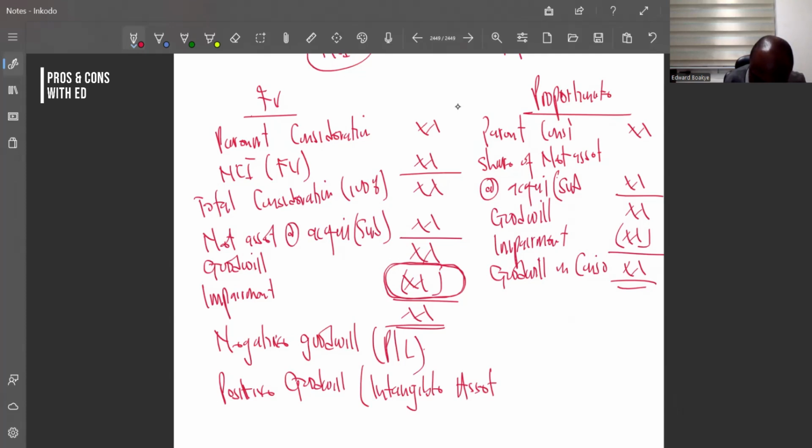And that is the only goodwill which can have impairment. The positive one can have impairment. But if it is negative, it is something you are taking to your P&L, so there's no impairment anymore. It's a gain you are taking to your P&L. Let's be careful with the name, because the negative one is seen to be a gain to the P&L, and the positive one is seen to be an asset in your financial position.